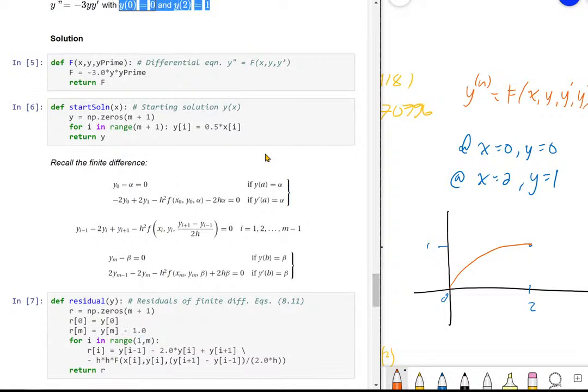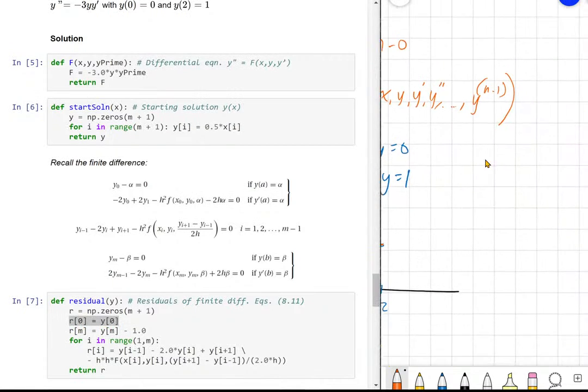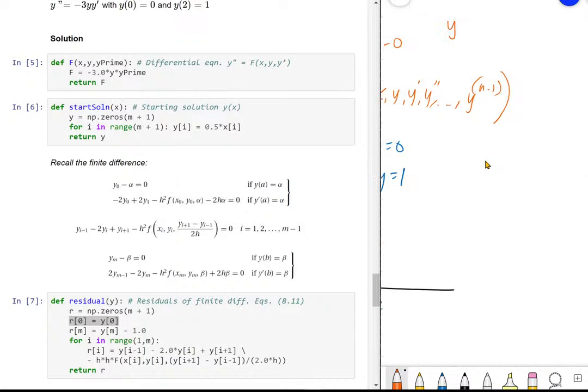So y0 is equal to 0, right? So the residual is actually y of 0 minus 0, which is actually y of 0. So that's why here r is equal to y of 0. And for the other one, y of 2 is equal to 1.